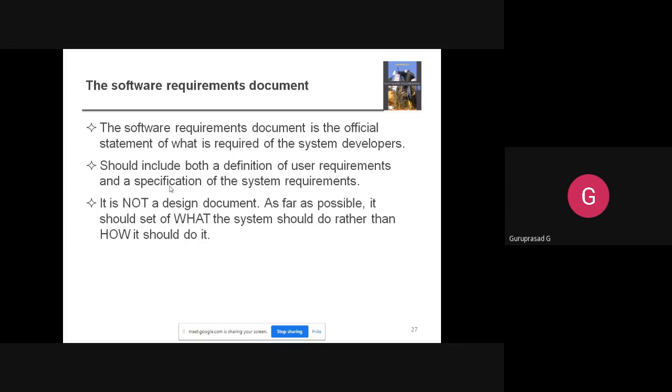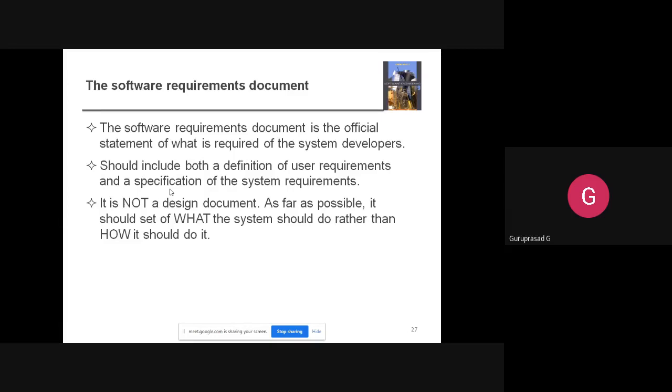Generally they call it SRS. It is the official statement of what is required of the system developers. It should include both the definition of user requirements as well as system requirements.